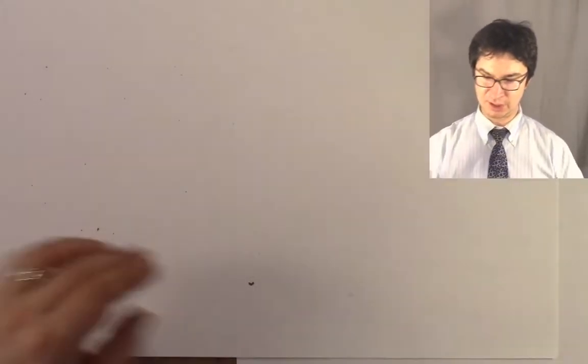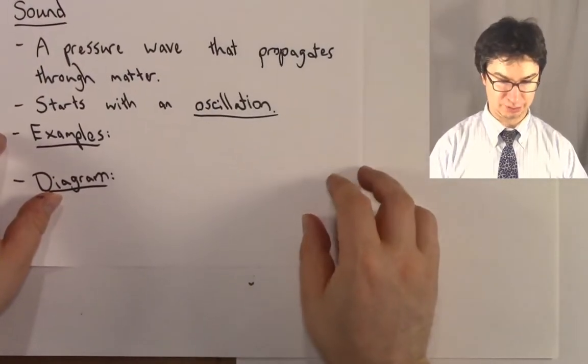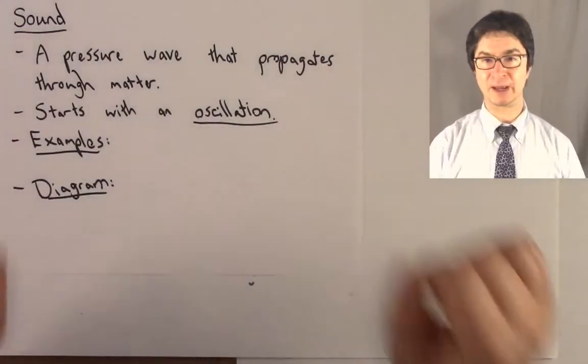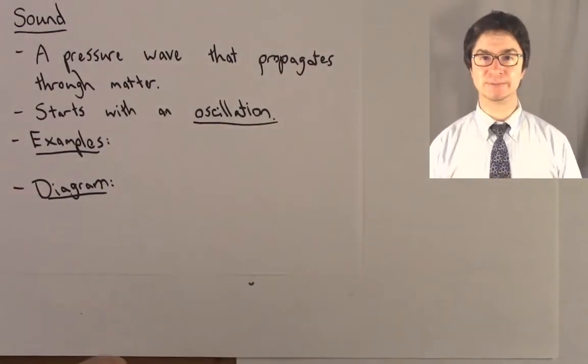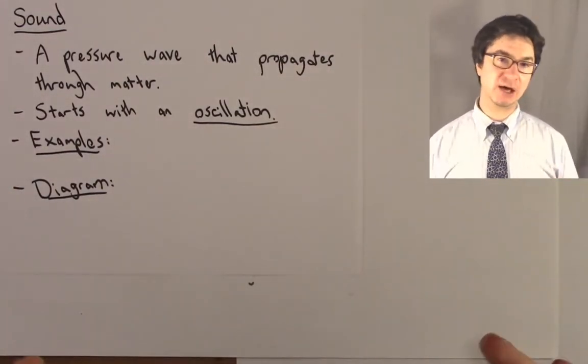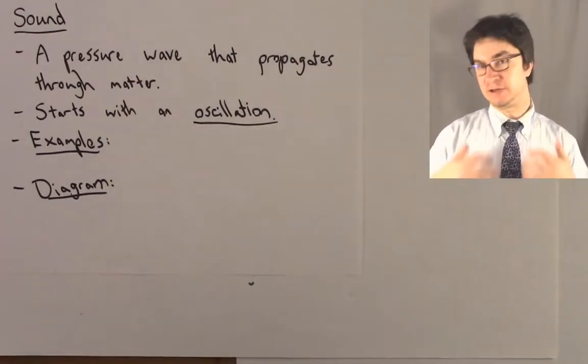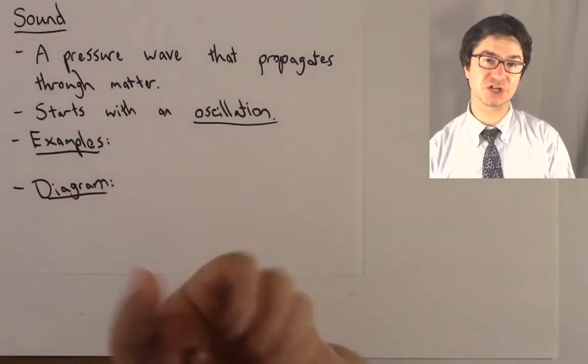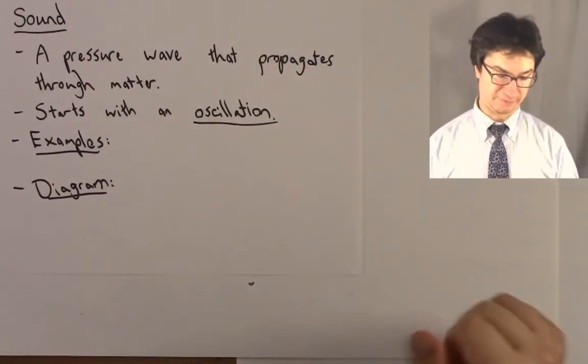Let's move ahead. The next thing that we want to study is sound. Okay? Sound is a pressure wave that propagates through matter, and it has to be through matter. You can't have a sound wave in outer space. You need a physical medium like gas or liquid or even a solid to transmit that sound wave.